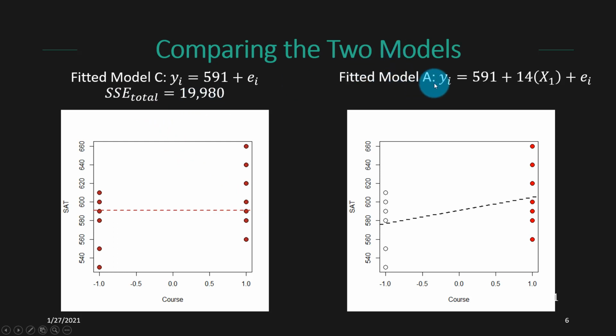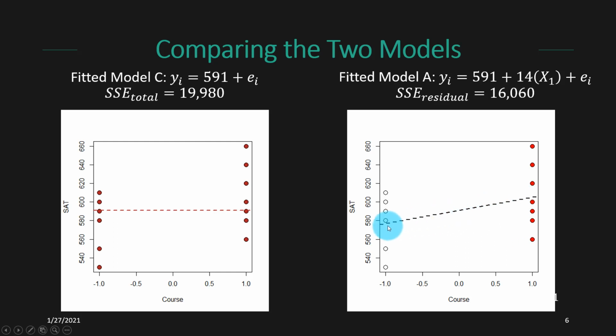If we fit a model and we allow that beta 1 to vary, so we don't force it to be 0 but allow it to take the best fitting slope in the data, given the way that we've coded our variable, that happens to be a slope of 14. That leads to a reduction in the squared errors, because now the sum of squared errors of the residuals is 16,060. So that's a reduction of almost 4,000 squared errors. That seems pretty big.